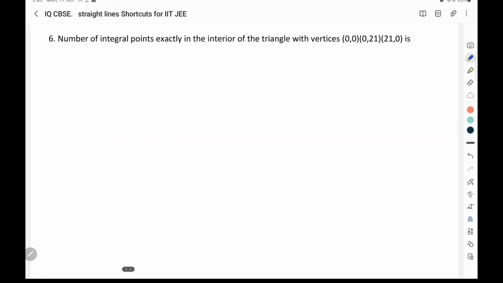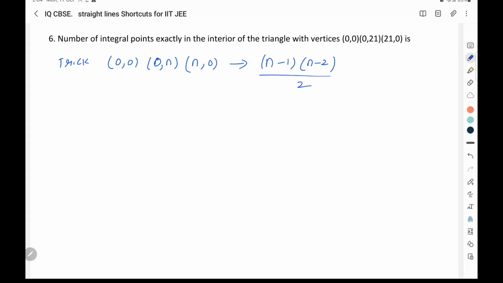Next one. This is a direct sum: the number of integral points exactly in the interior of the triangle. For the interior of the triangle, we have a small trick. Whenever the vertices are the origin, (0, n) on the y-axis and (n, 0) are given, the number of integral points formula is (n-1)(n-2)/2.